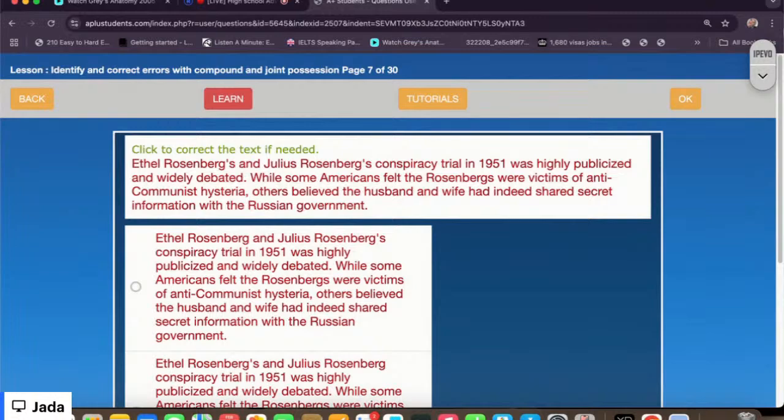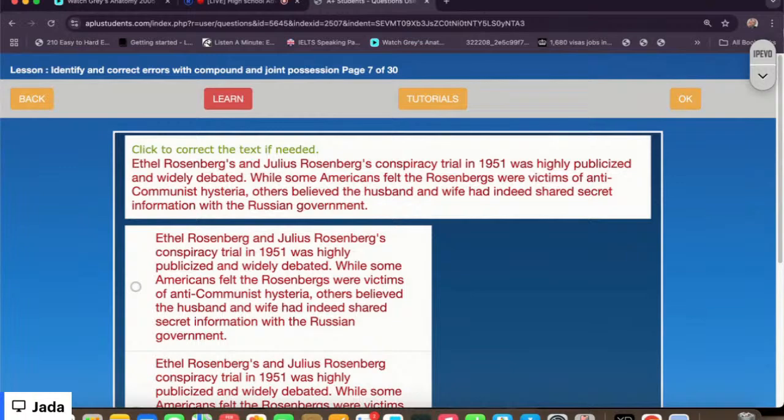Ethel and Julius Rosenberg's conspiracy trial in 1951 was highly publicized and widely debated.